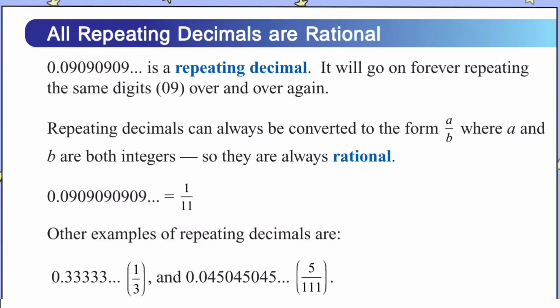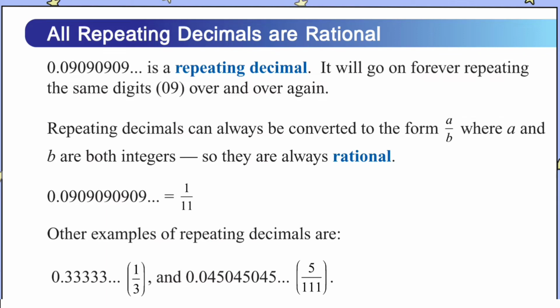Finally, all repeating decimals are rational. So as long as there's a pattern in the decimal that repeats over and over forever, then it's also possible to write that number as a ratio of 2 integers. So here we have 0.0909090909.